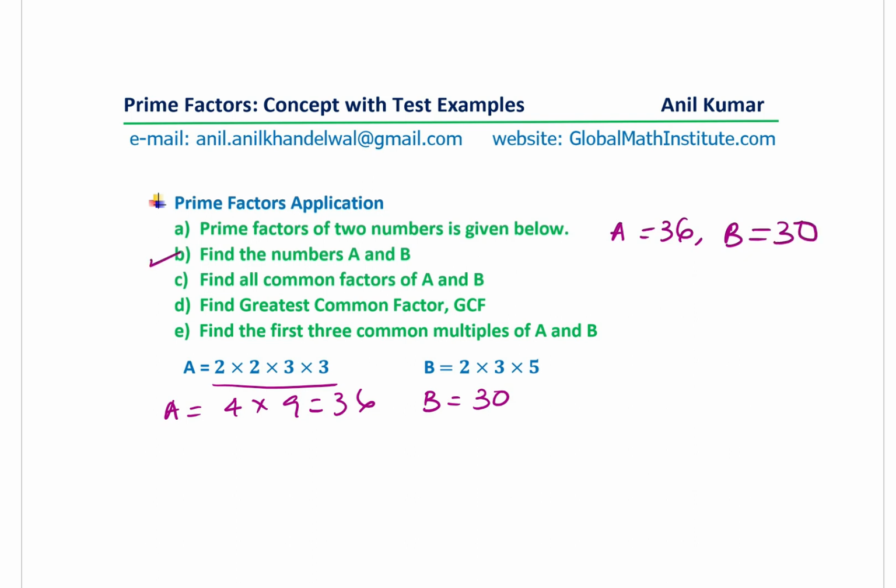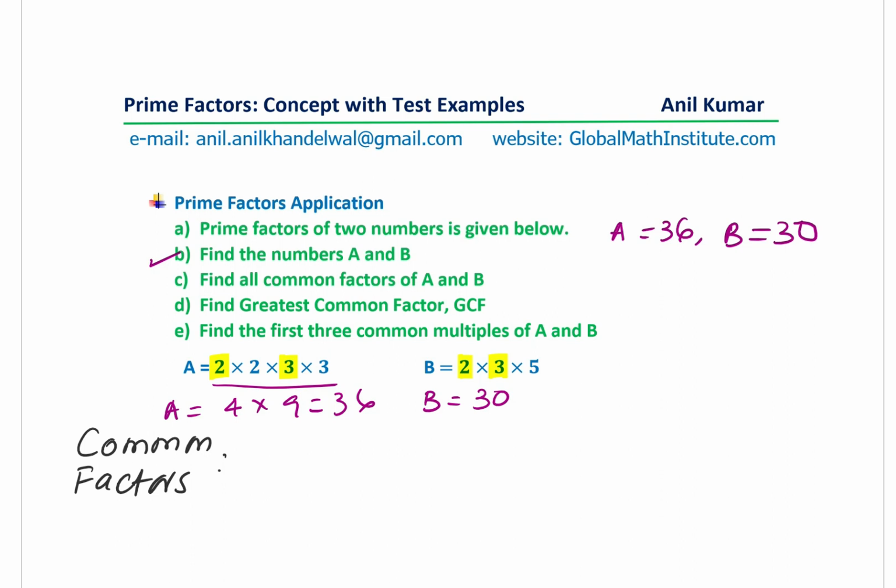Now the question is, find all common factors of a and b. So let's have common factors now. So let's circle or highlight the common factors. So we have 2 as a common factor. We have 3 as a common factor. So 2 times 3, these are the common factors.